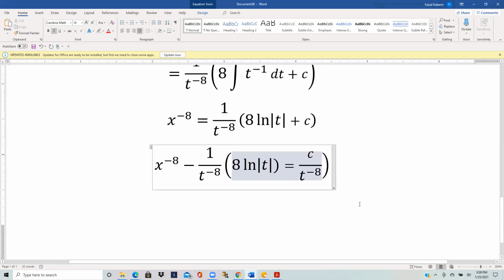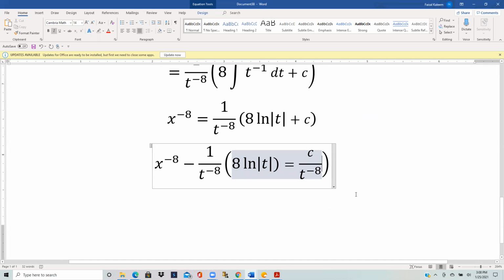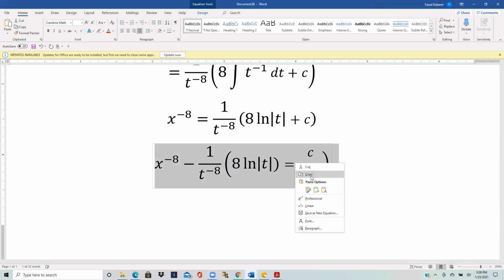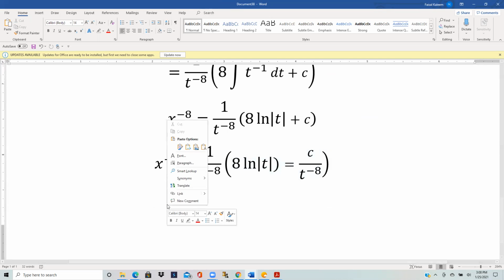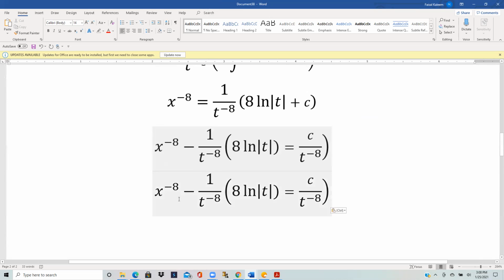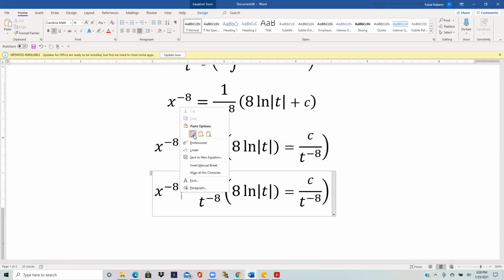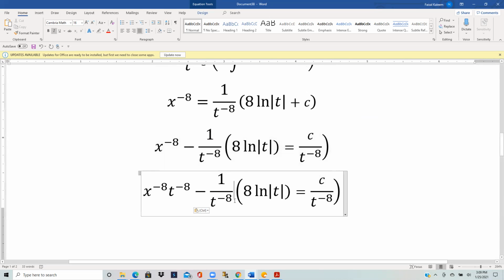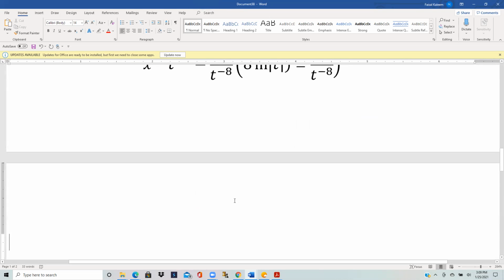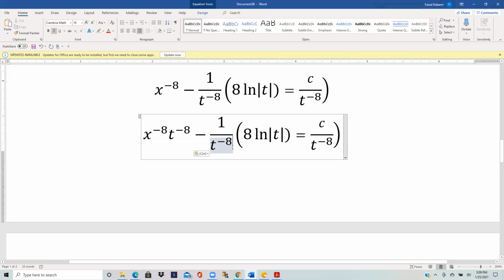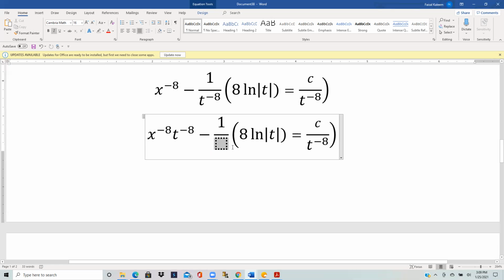So you will multiply both sides by t to the negative 8. I get x to the negative 8, t to the negative 8. This t to the negative 8 gets cancelled out. And this one also gets cancelled out. So it is equal to c.